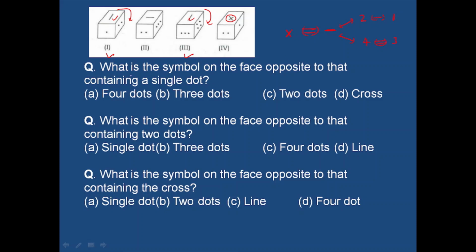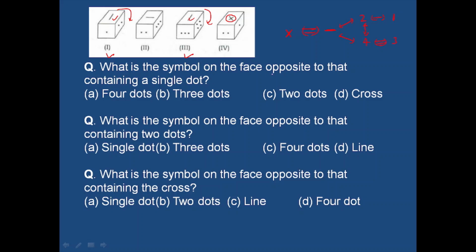So the surface containing 2 dot will be opposite to the surface containing 4 dot, and the surface containing 1 dot will be opposite to the surface containing 3 dot. And the surface containing this line will be opposite to the surface containing the cross sign. So we can answer this question easily.